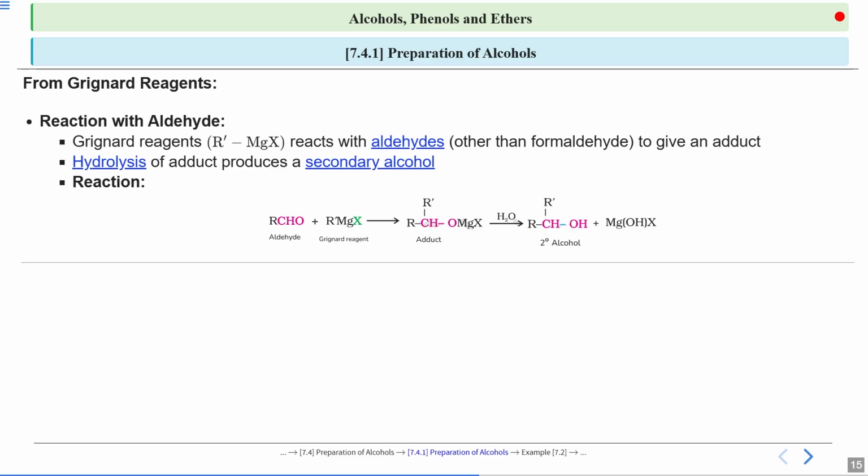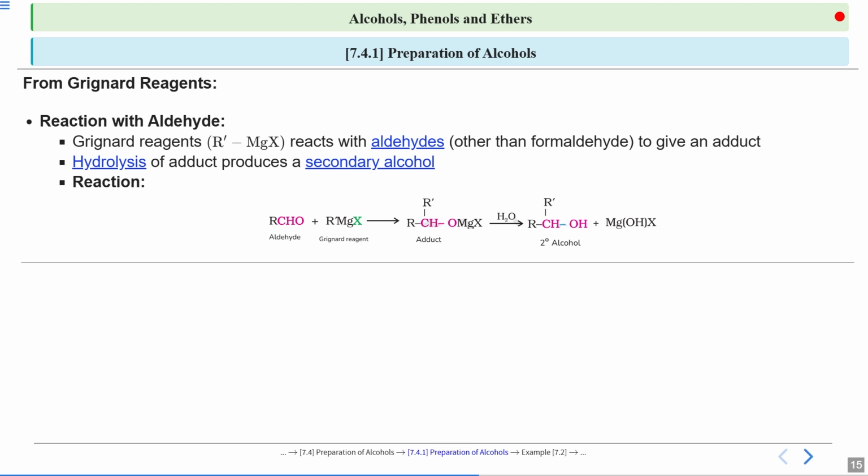The reaction is, you take an aldehyde RCHO reacted with R prime MgX, a Grignard reagent, you will get RCHR prime OMgX, which is an adduct.